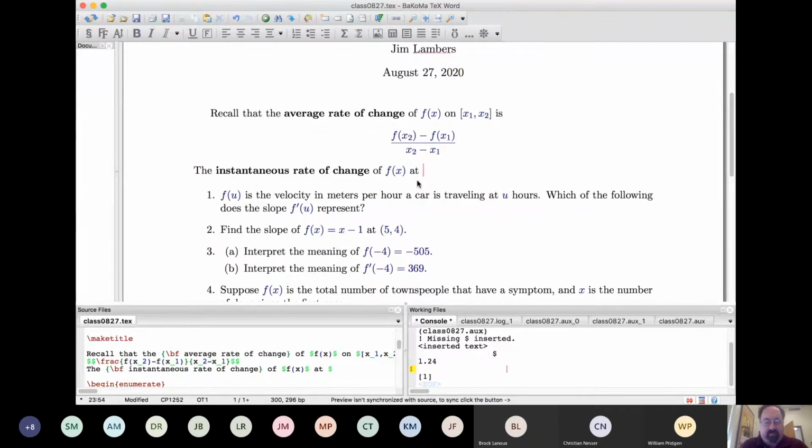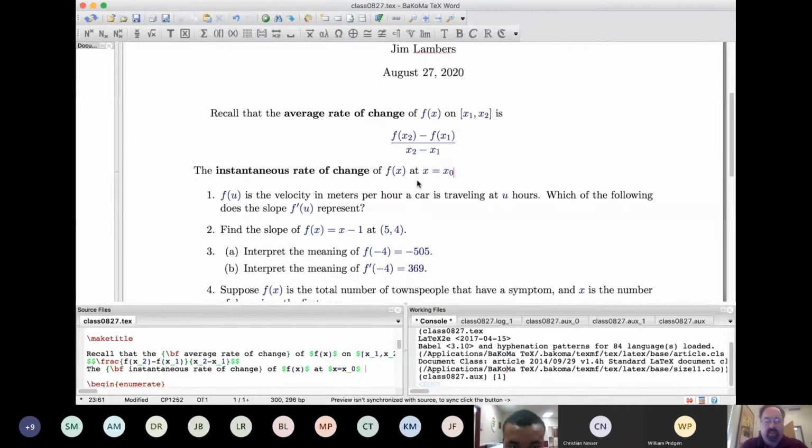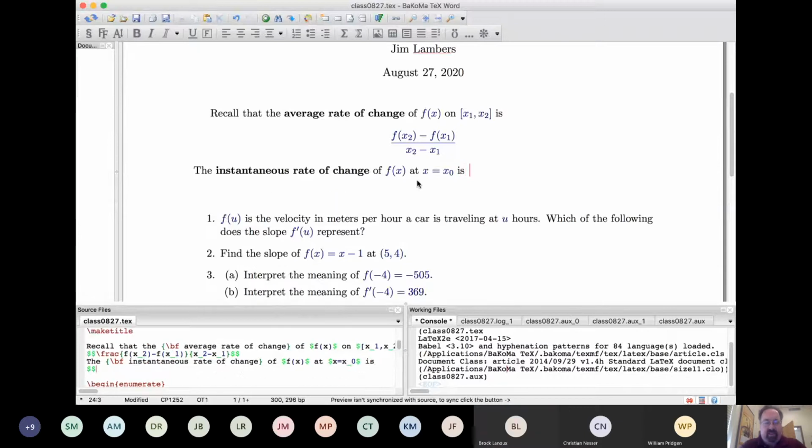So we just have one point, which I'll call x naught, and the way we indicate it is with a prime, so f prime at the point x naught.